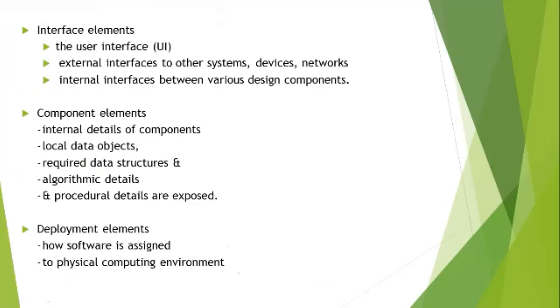In the component elements, there are internal details of components, local data objects, required data structures, and algorithmic details and procedural details are exposed. Deployment elements: in that, how software is assigned to the physical computing environment.